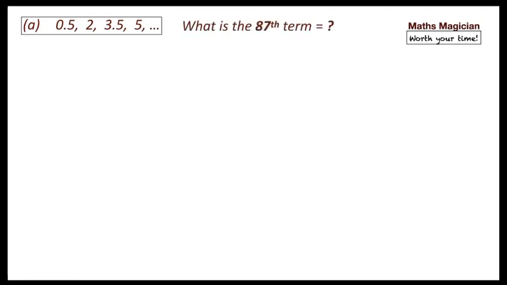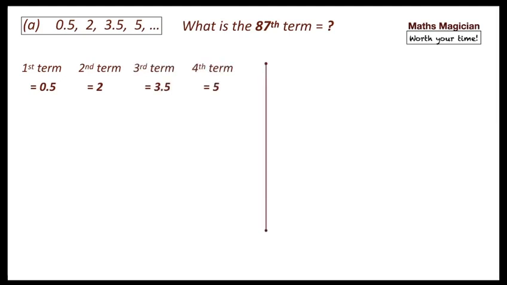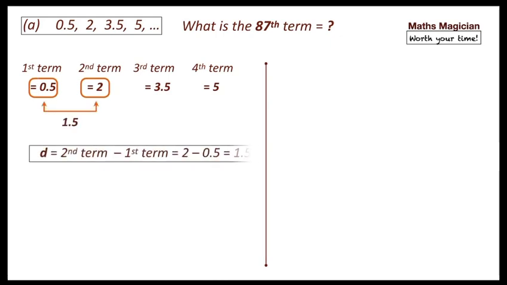First example is, for the given sequence, what is the 87th term? We write the terms of the sequence. We see that the difference between the first two terms, that is D, is equal to second term minus first term, equal to 2 minus 0.5, which is 1.5.